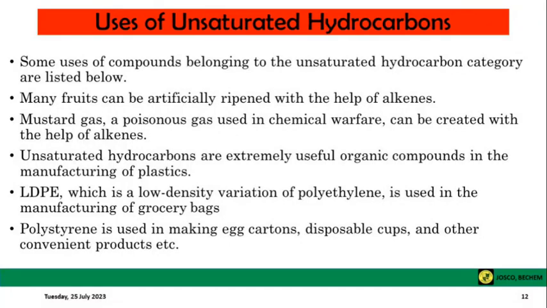Now, let us look at a few examples of unsaturated hydrocarbons that exist in nature. We can have some alkenes being responsible for the artificial ripening of some fruits, mostly used in industries.